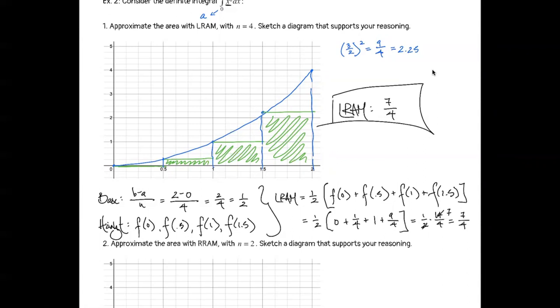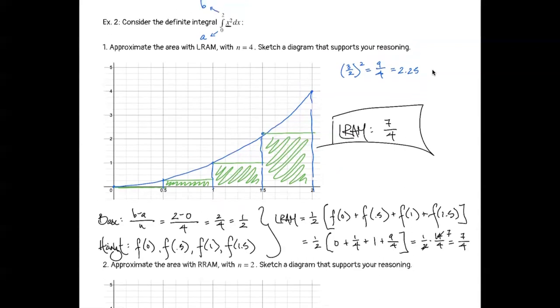And then we were able to find the area of the green rectangles. All right, any questions here right now?